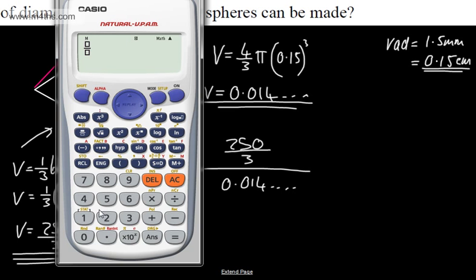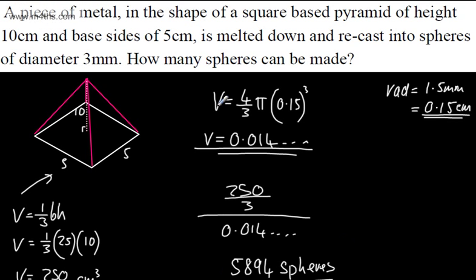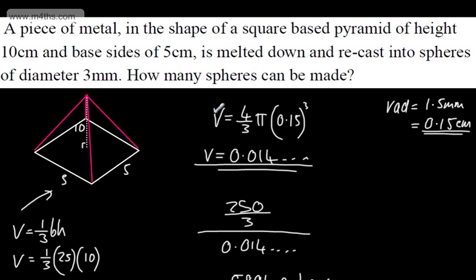What we'll do is 250 divided by 3, and then we're going to divide it by that answer, my apologies, divided by our value of A. Let's put in the value of A, so we get 5894. So 5894 spheres. We can't make the 5895th one, and that gives us what we want. Okay, so quite a nice question. All we're doing is boiling that down and making some spheres.